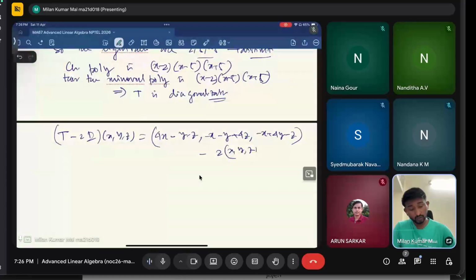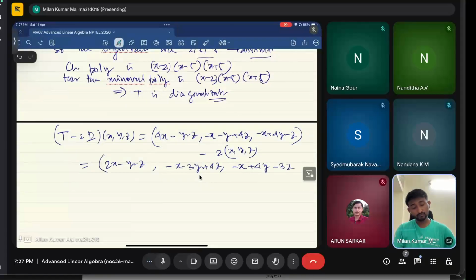If you delete 2x from the first component, that will be 2x minus y minus z, minus x plus 2y minus z from the second component, and if I delete 2z from the last component, that will be minus x minus y plus 2z.